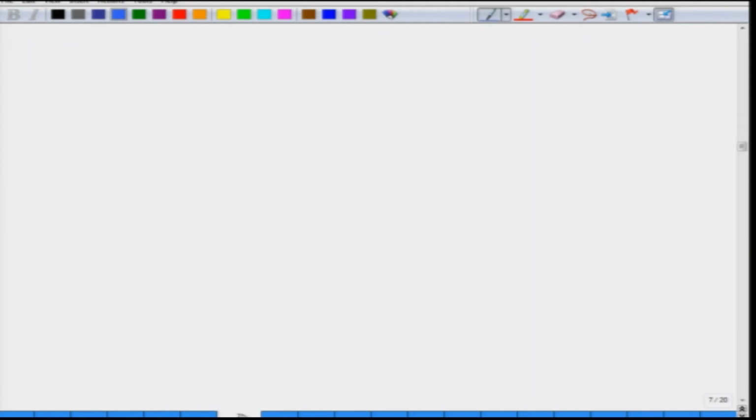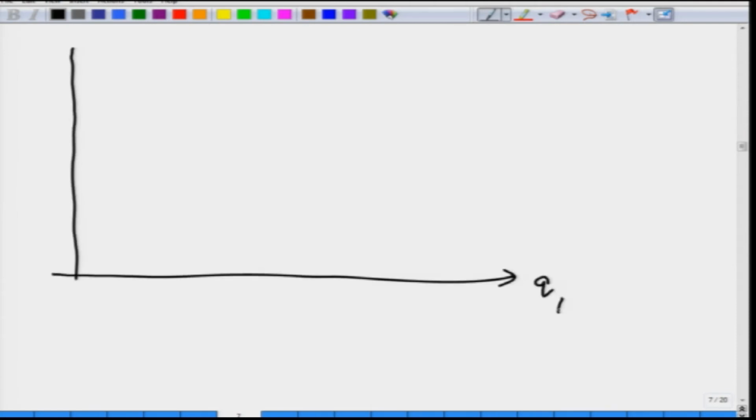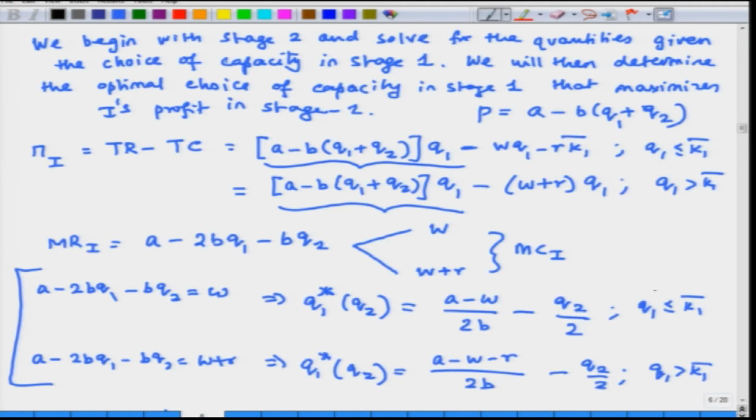If I were to draw the best response function of firm 1, this is Q1, this is Q2, and let us say I have a K1 bar which is here. Now, to the left of K1 bar, the best response function is A minus W divided by 2B minus Q2 by 2.